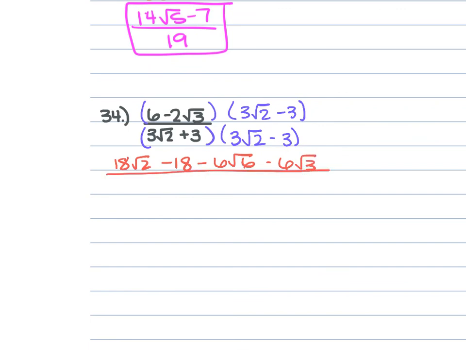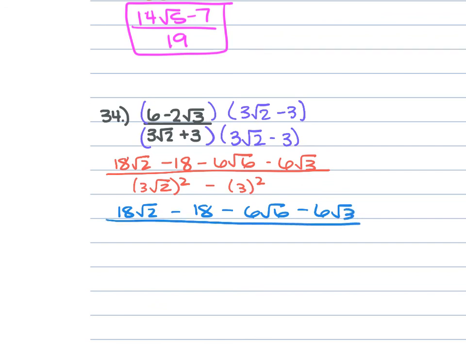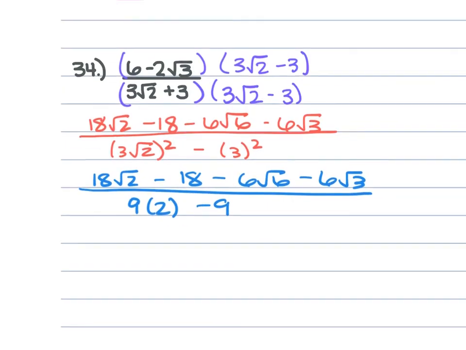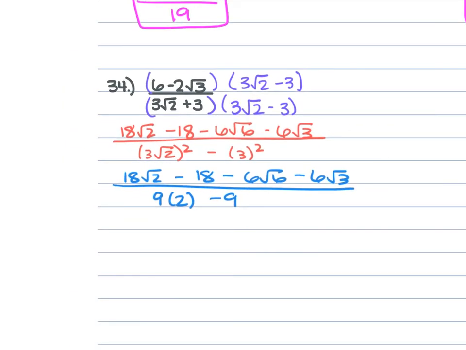On the bottom, since it's a difference of squares, we can do 3 square root 2 squared minus 3 squared. So 18 square root 2 minus 18 minus 6 square root 6 minus 6 square root 3 all over 9 times 2 minus 9. So once again, we have 18 square root 2 minus 18 minus 6 square root 6 minus 6 square root 3 all over 18 minus 9.